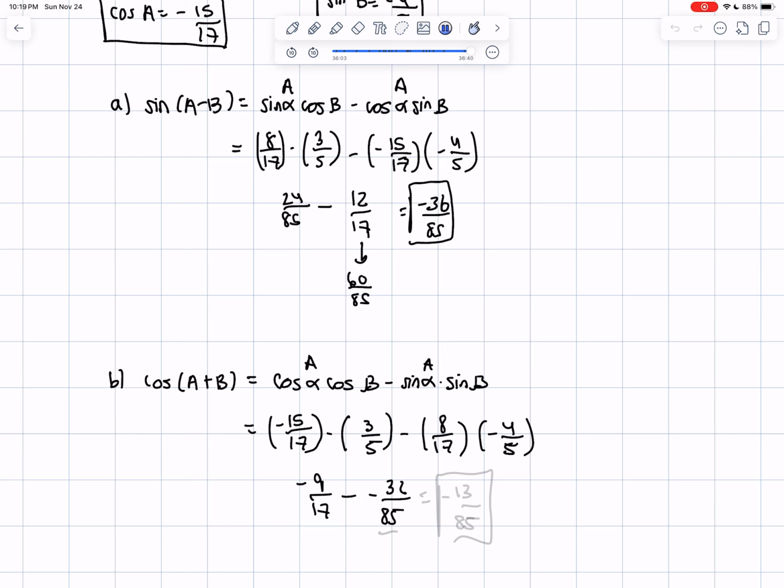So when I do the subtraction, what's going to happen is I'm going to get, let's see, I get negative 13 over 85. And again, you could have changed the front one to be the same denominator as the 85. So this is how you solve for problems like this. And then I will show you in the next video the final step if they were to ask you to solve using the formulas for 3.7 or 7.3.